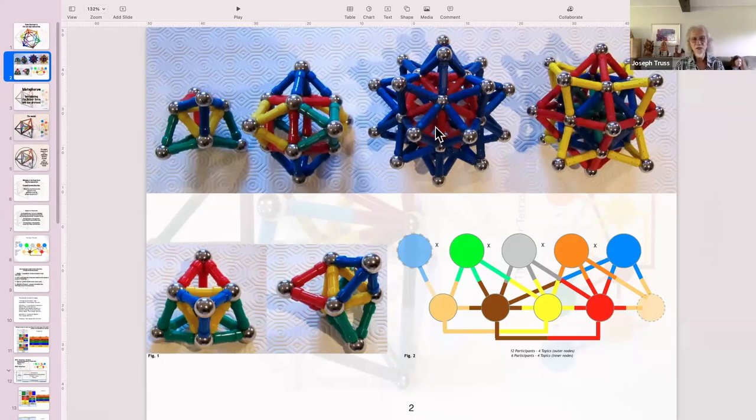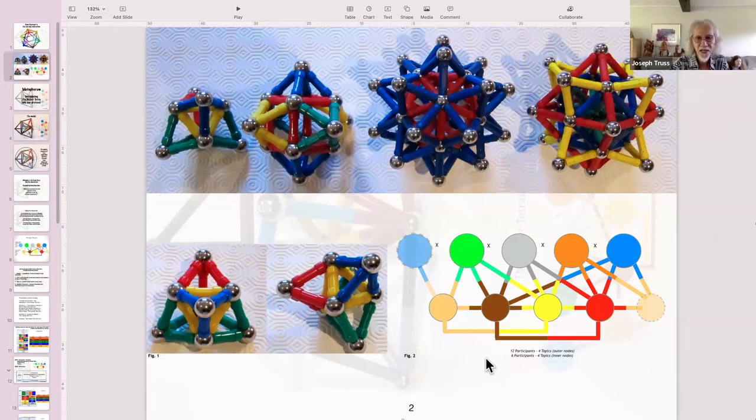Every one of the regular polyhedra has what is called its dual. So the dual of a tetrahedron is a tetrahedron, the dual of a cube is an octahedron, and the dual of an icosahedron is the dodecahedron.